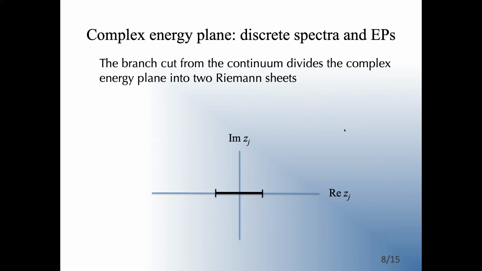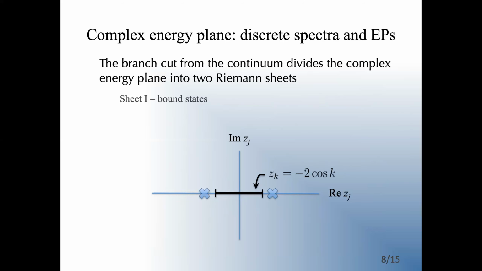Now, the discrete solutions for this model can be organized into the complex energy plane, which for this model is two-sheeted, in which the branch cut is given by the tight binding dispersion that I showed earlier, which connects the two Riemann sheets.